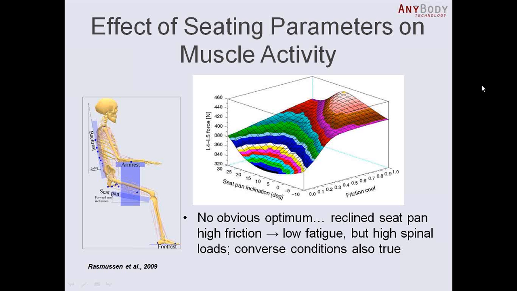The response surface illustrated here relates L4, L5 reaction force to the seat pan angle and seat friction, and generally found that the behavior of the system was rather complex, as I think the response surface kind of indicates. And there was no obvious optimum solution. That is, there were trade-offs between comfort and fatigue.